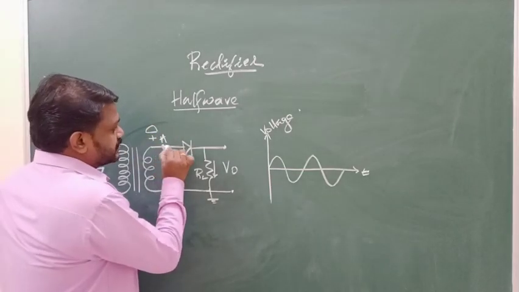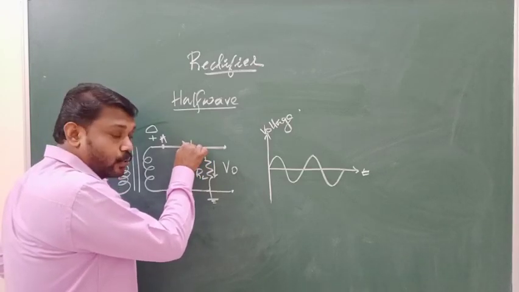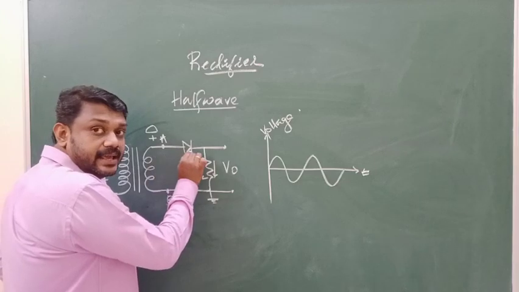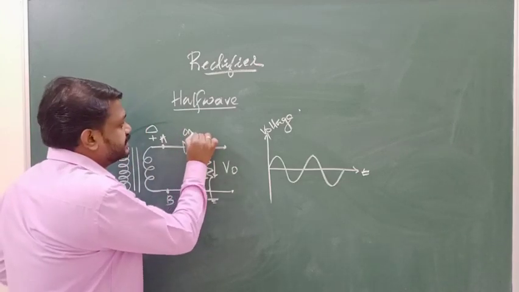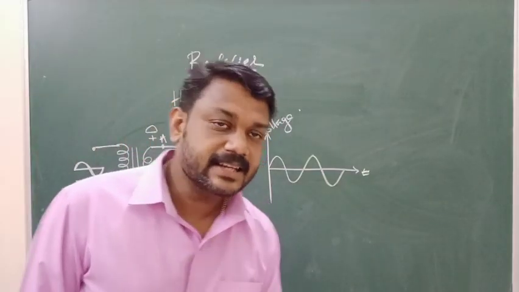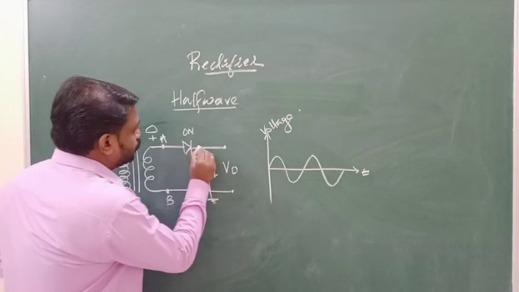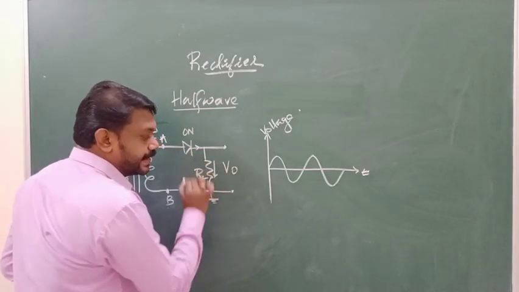A is positive and it is connected to the P region of the diode. So what will happen? It is in the on state, that means it is in the conducting mode, in forward bias. Current will flow through the load resistance RL where you are getting an output.